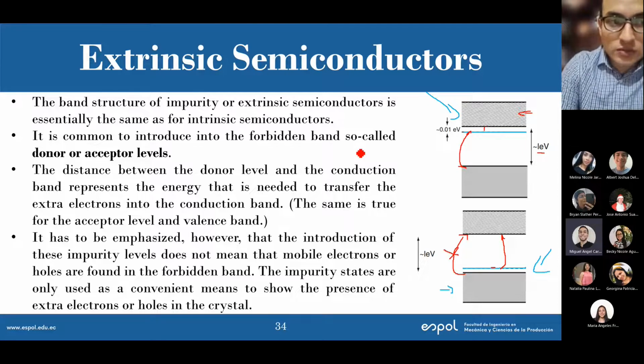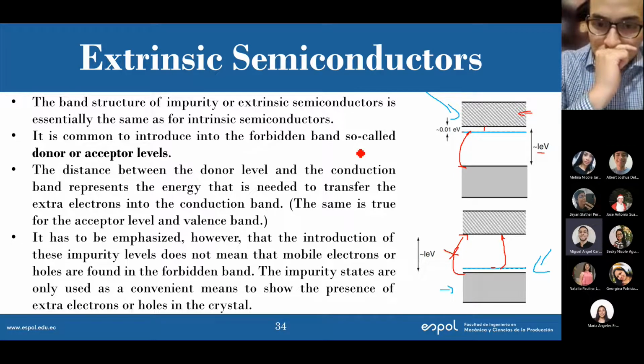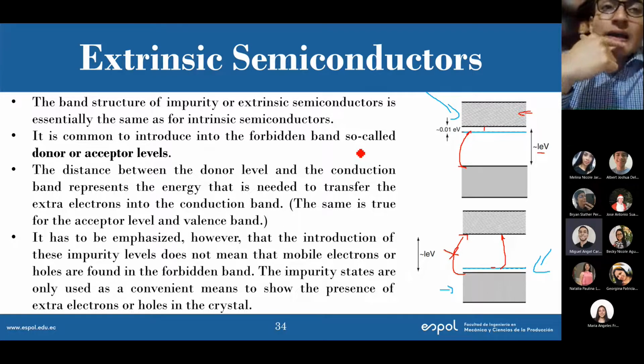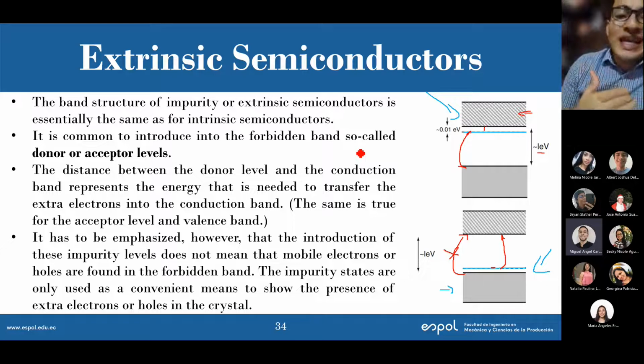Yes. So, when I use donor or acceptor levels, I am actually reducing the energy gap between the bands? It's not really reducing the energy gap, because the energy gap will be the same, but you can say that electrons need less energy.